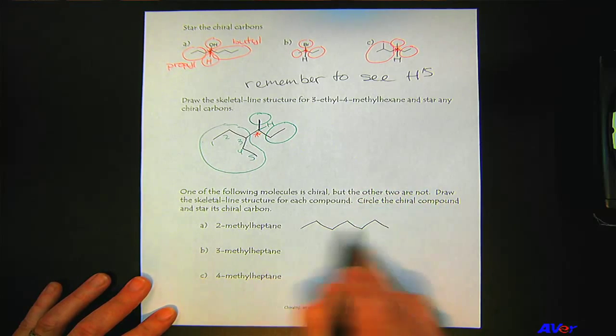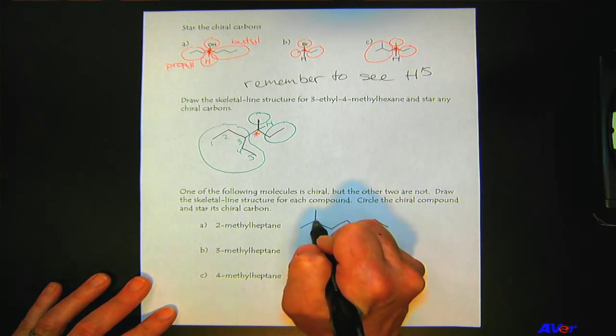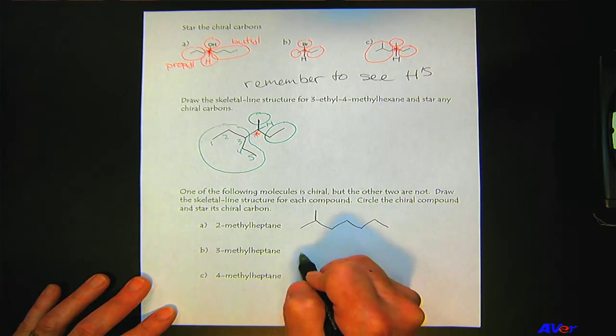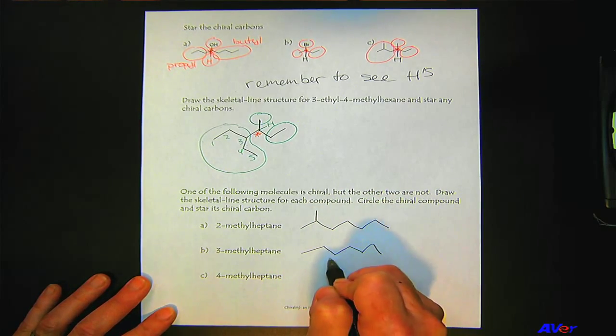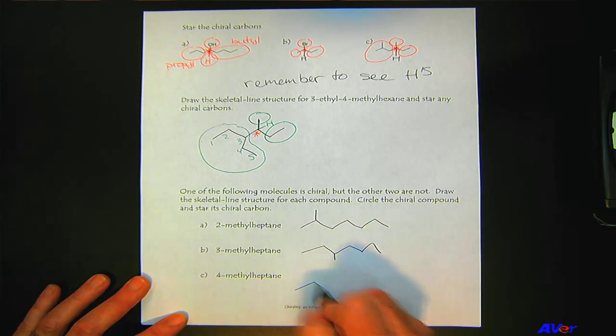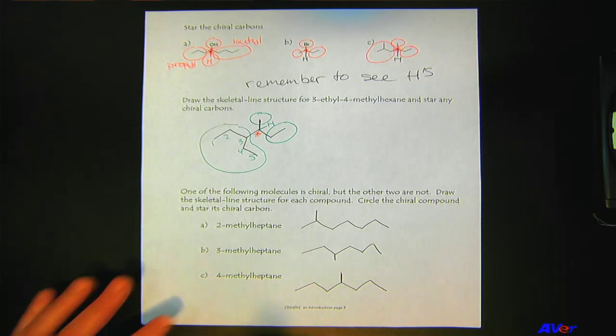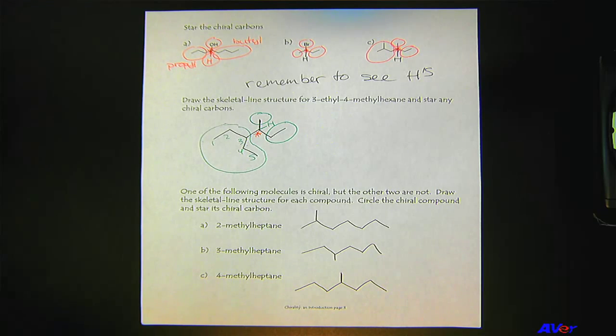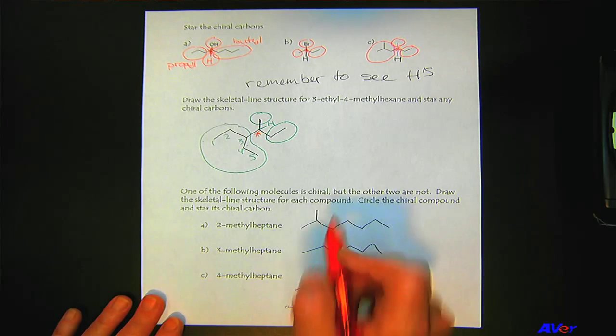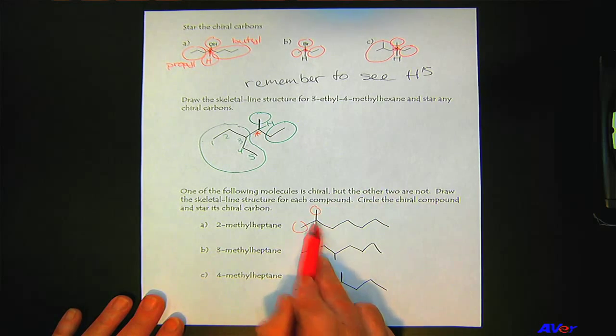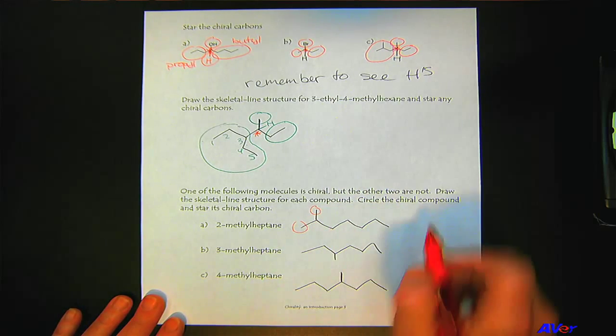There's our 7 carbon chain and a methyl group coming off of 2, or 3, or 4. Now when we look here, there's matching methyl groups. So this is achiral.